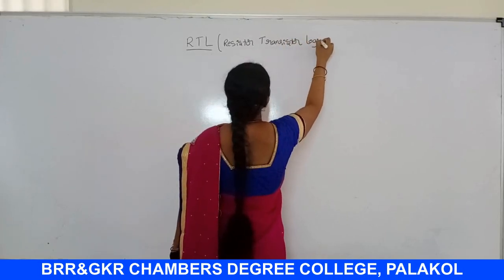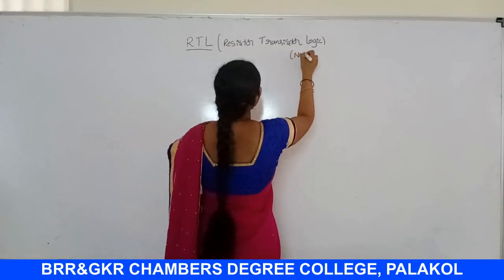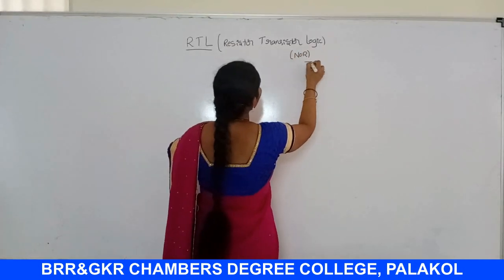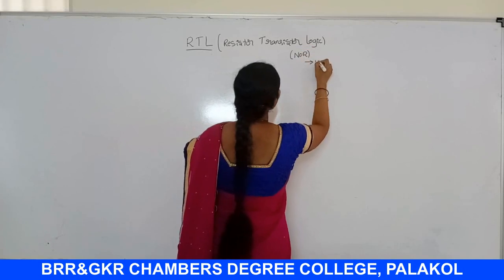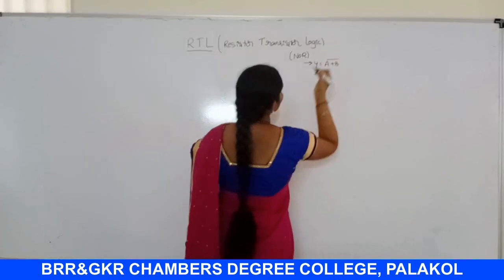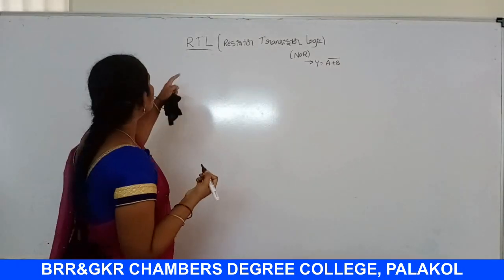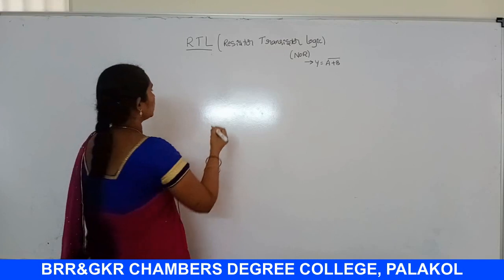This logic is implemented by using the NOR gate. So the NOR gate output is Y equals (A plus B) bar. Now I will draw the diagram for this RTL logic.